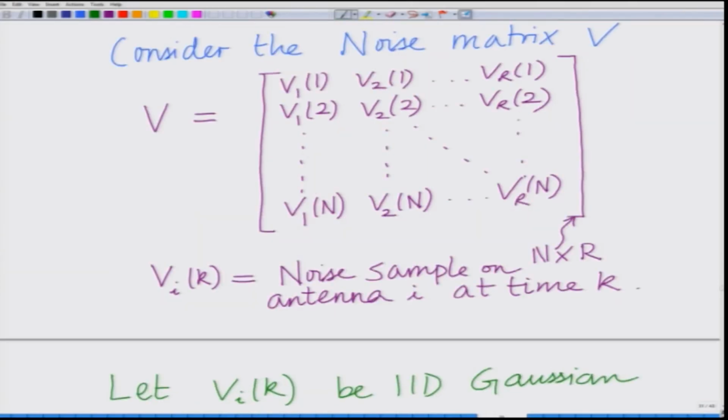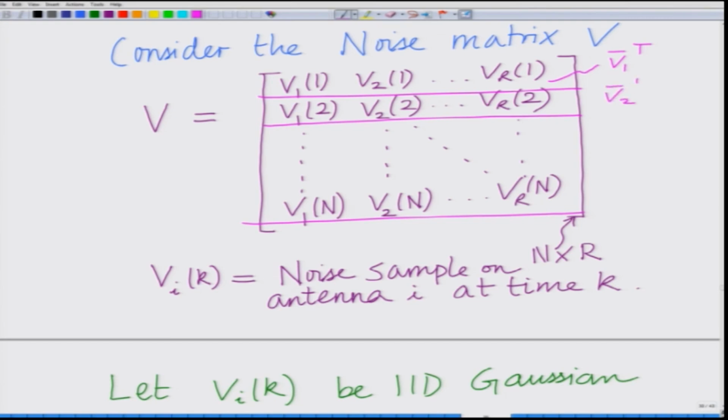Now we can split this into rows. Each row corresponds to a different time instant, so we denote the rows as V1 bar transpose, V2 bar transpose, up to V bar transpose of n.